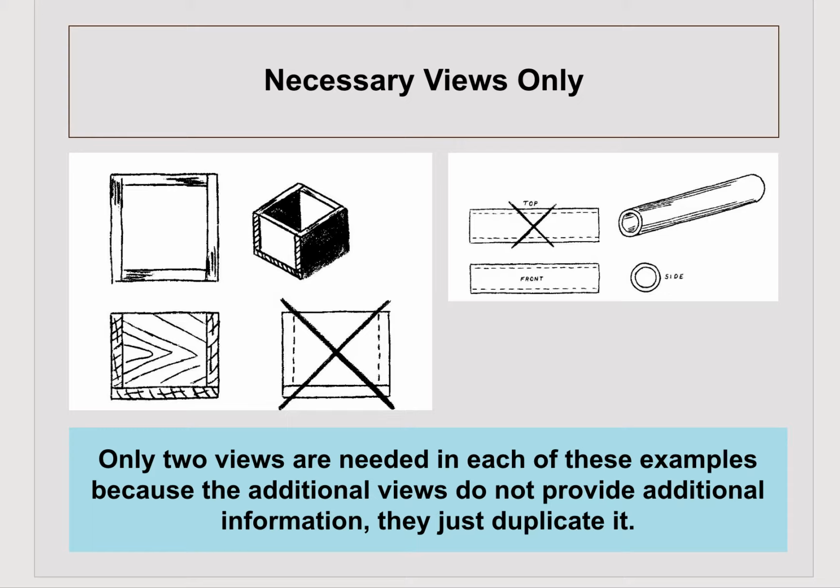When you start putting together your technical drawings, you are only going to provide the bare minimum information necessary for the contractor to build the building. And it's because additional information does not provide additional information. It just duplicates it, which means you waste resources. It gives you an opportunity to make mistakes, because if something changes in one place and you don't change it in the other, you now have conflicting information that could trigger a change order.